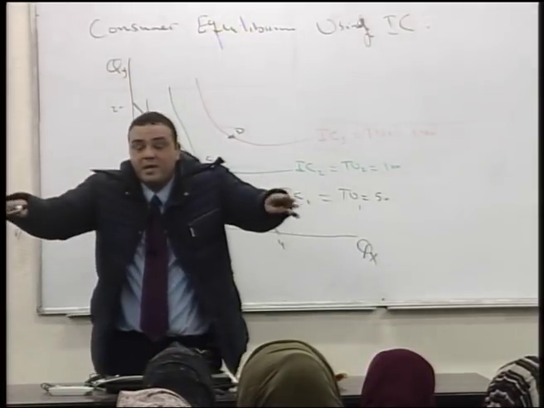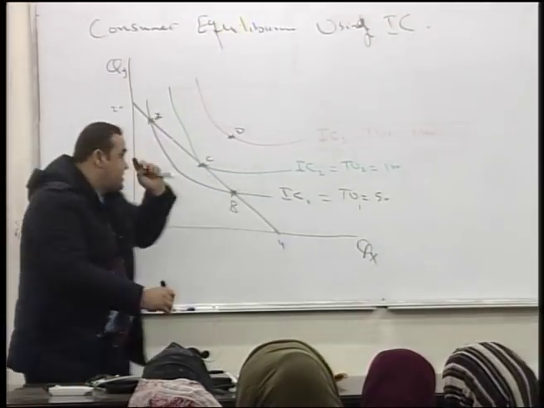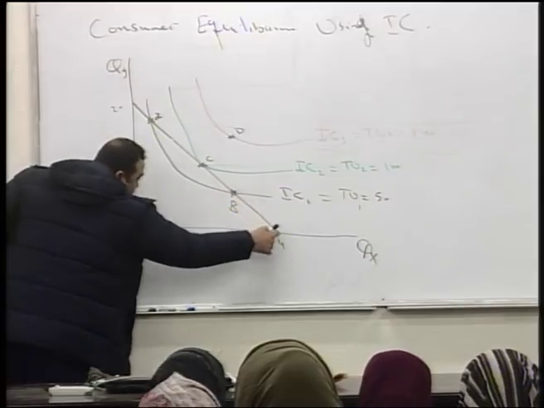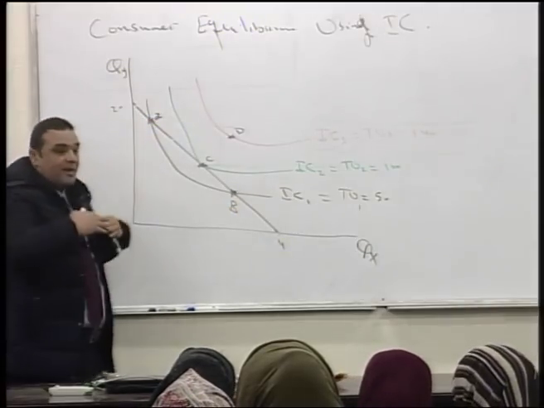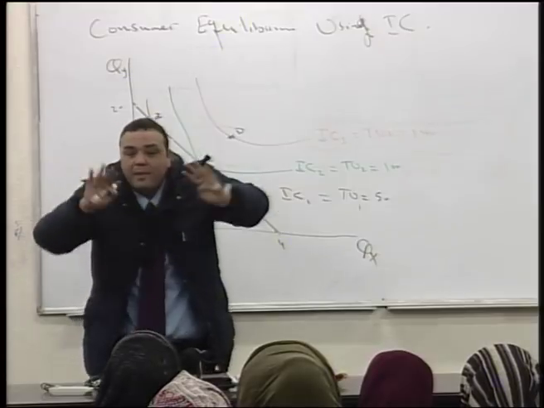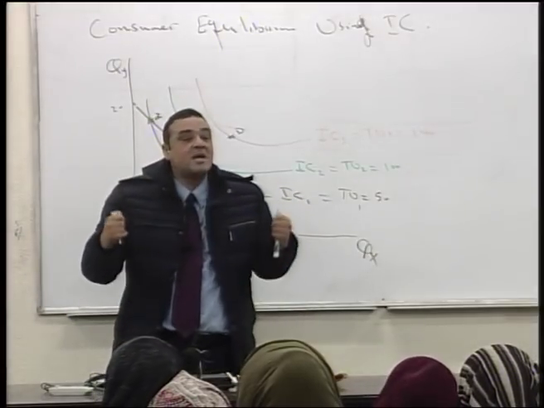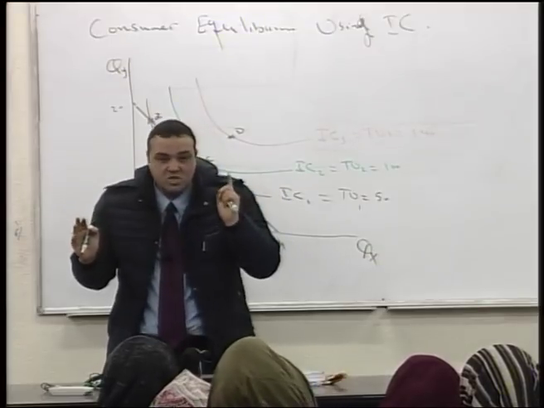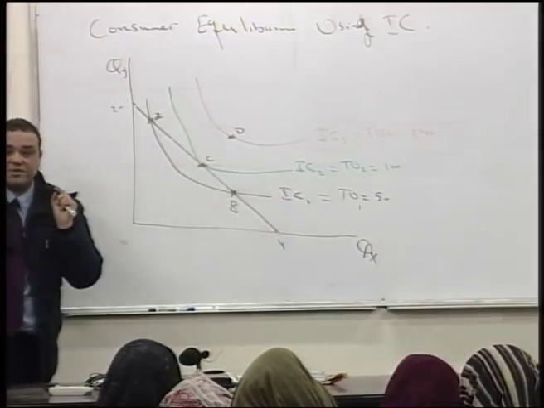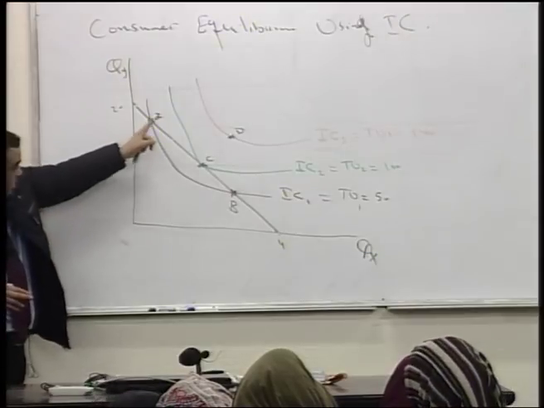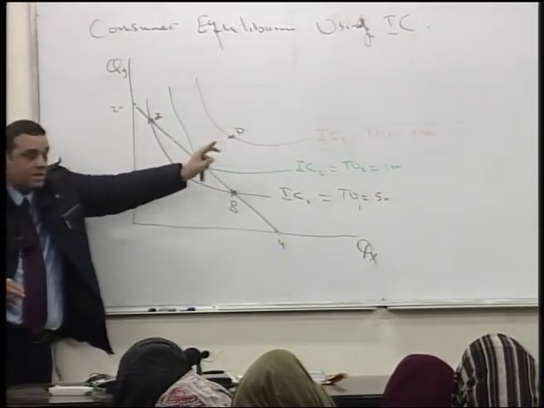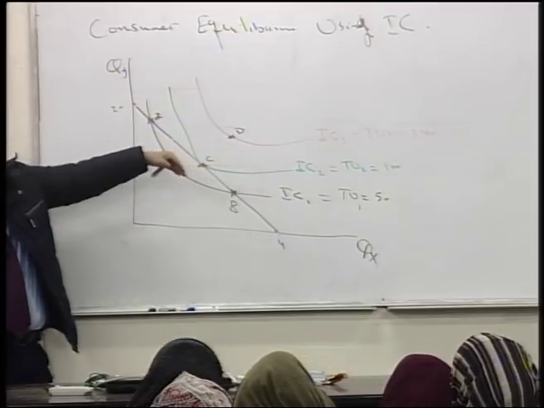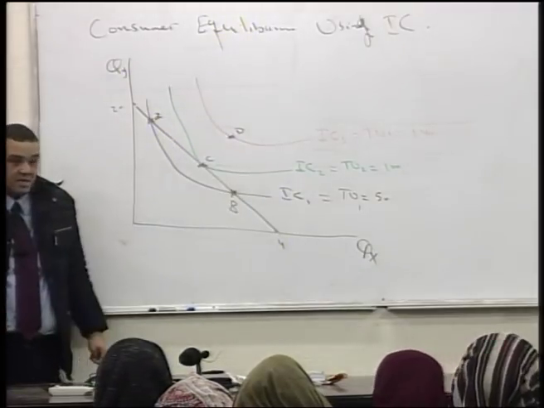He can buy. The ability to buy is at A or B, C, M, N, or any point along the budget line. He has the ability to buy it. But the question is, which is better for the consumer? Point A or B or C or D? D is an unattainable point because it needs more money to get it.